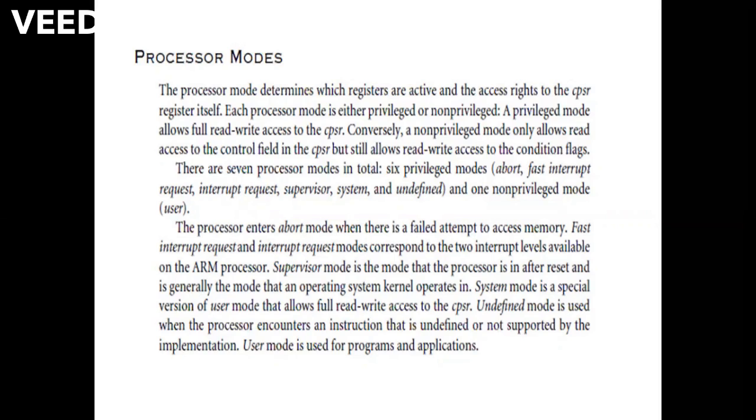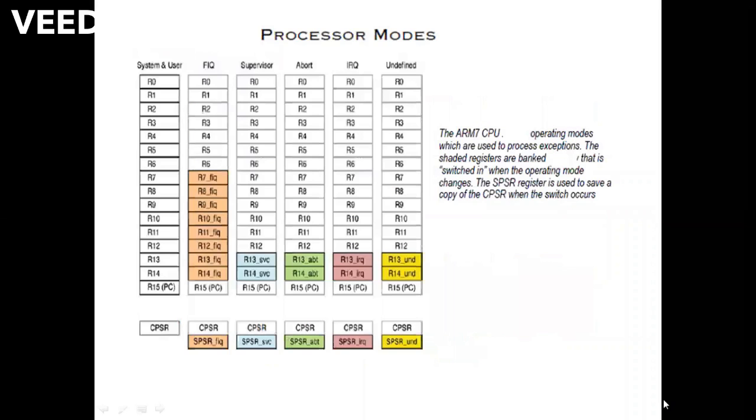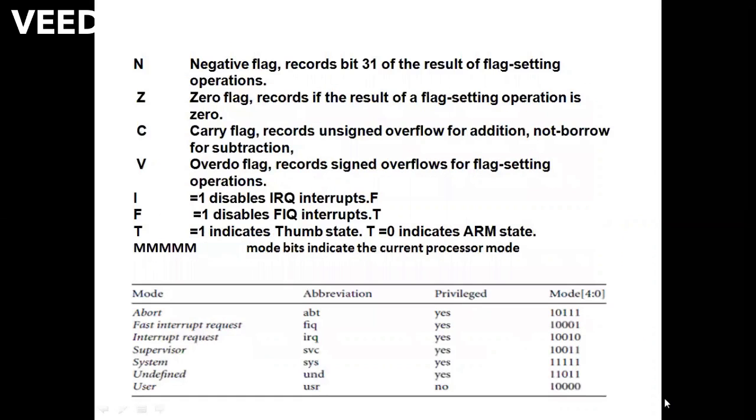And then the next one is the undefined mode. So what does undefined mode mean? Suppose the processor is executing some program. It comes across a situation where it is not able to find out what is to be done.